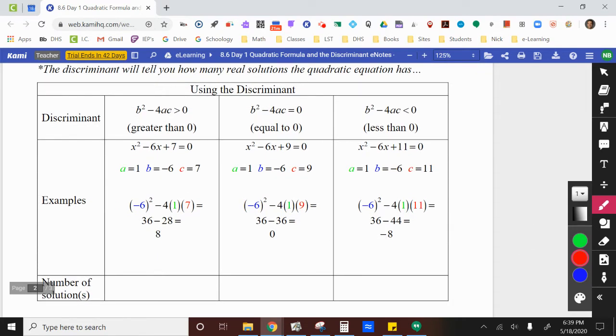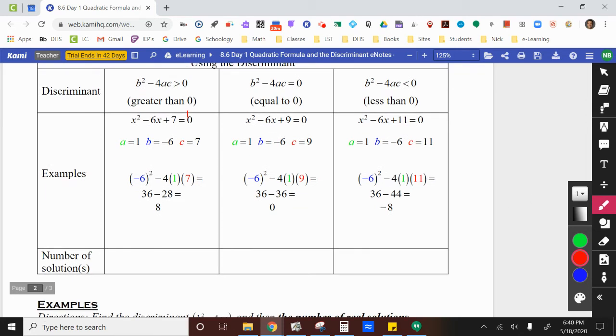So here we go. We're going to start with this left column. If our b squared minus 4ac is greater than 0, we're going to see how many solutions we have. You can see that I worked out this example. I identified my A, B, and C values and plugged them into b squared minus 4 times A times C, and you get 36 minus 28, which is equal to 8.